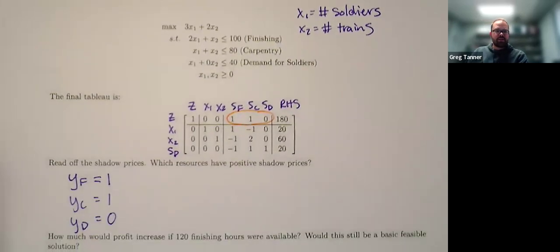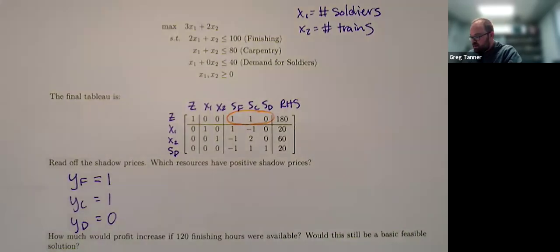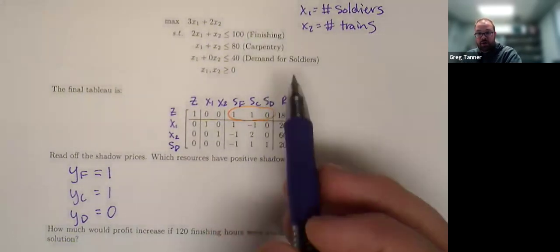So what do these shadow prices mean? Essentially, they're telling us how much we're willing to pay for more finishing or carpentry.